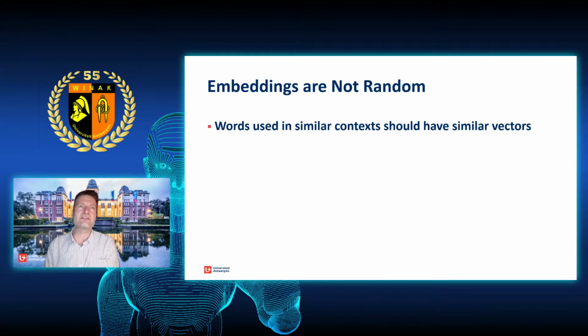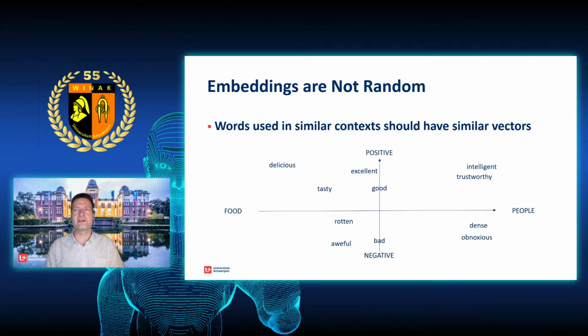But on top of that, we would like these words to carry some semantic meaning. So words that are used in similar contexts should have similar vectors. For instance, here I made an example where I put different adjectives in two dimensions. One dimension indicates whether it's a positive or a negative word, and the horizontal dimension whether it's about food or people.